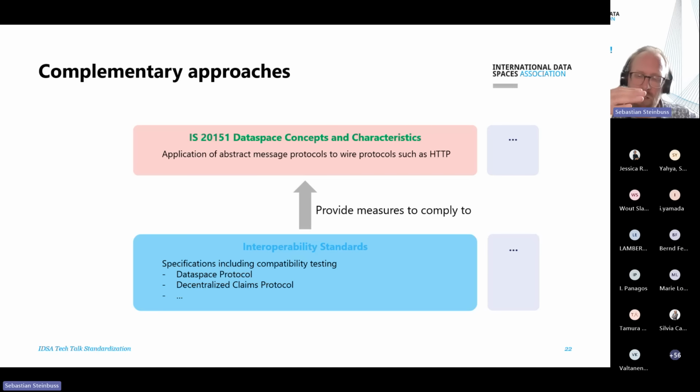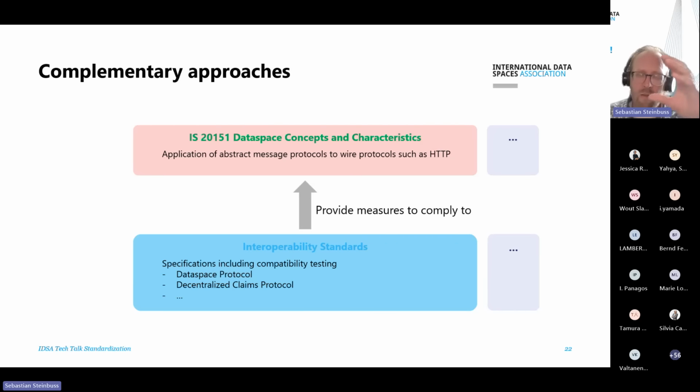And then on the other hand, you want to know if you're compliant to such a standard from a participant perspective. So you need interoperability standards, for example with the Dataspace protocol, so that you can show, yes, I am as a participant compliant to join such a data space. This is a frame that we are constructing.